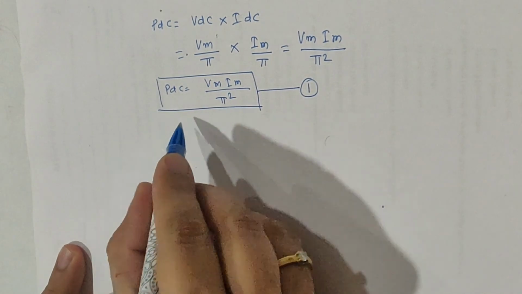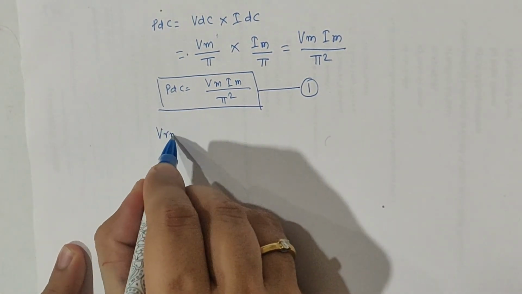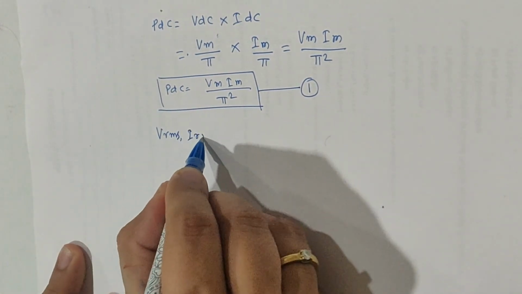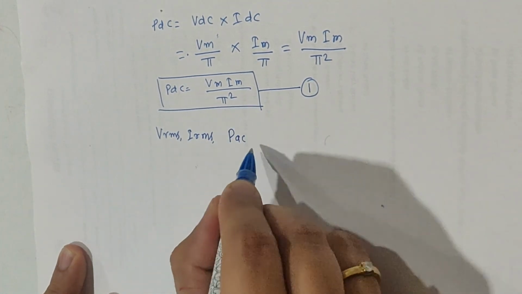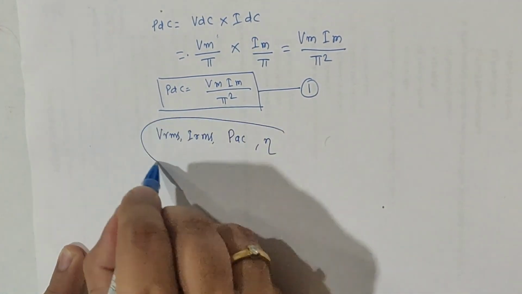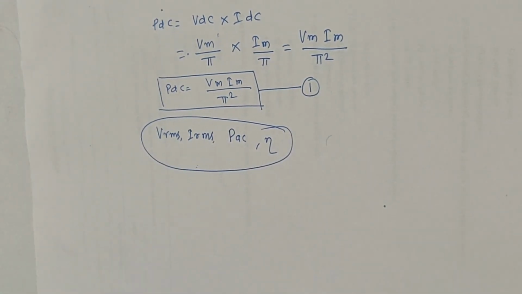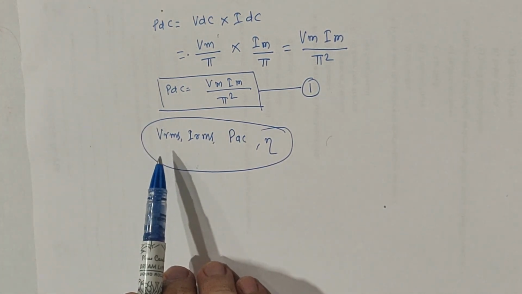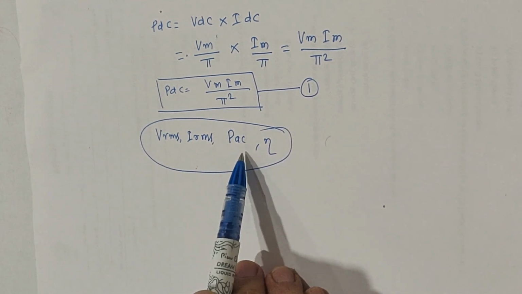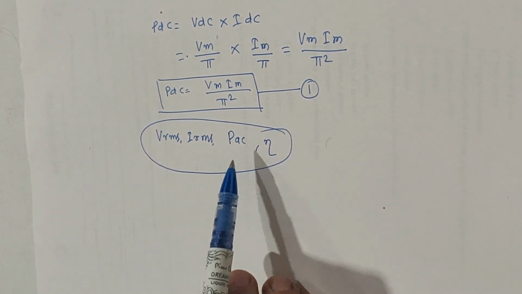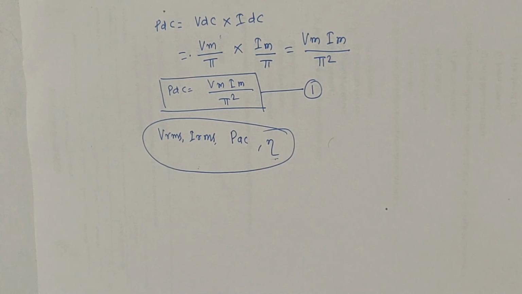So what I will be doing, I will be calculating VRMS, IRMS, then PAC and efficiency. So this is my primary agenda for the next lecture. So in next lecture I will be calculating the AC values, that is VRMS, IRMS, the AC voltage, AC power PAC, and then from there efficiency.